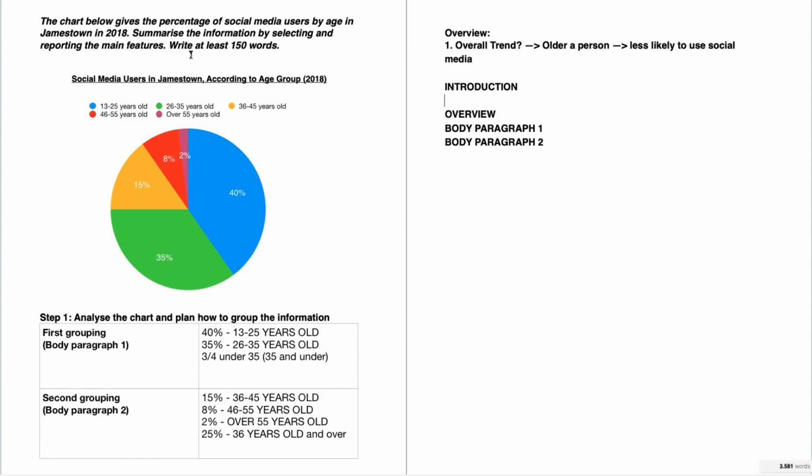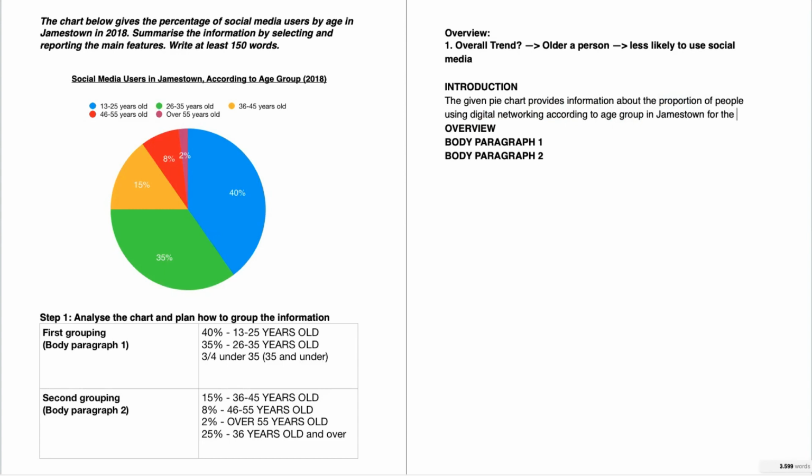So with that being said, I'm going to say the given pie chart provides information about the proportion of people using digital networking according to age group in Jamestown for the year 2018.